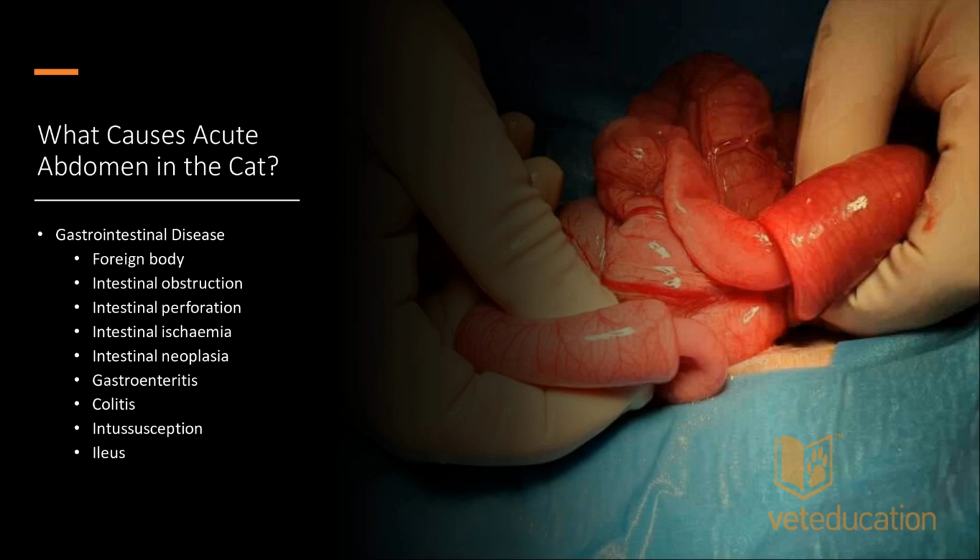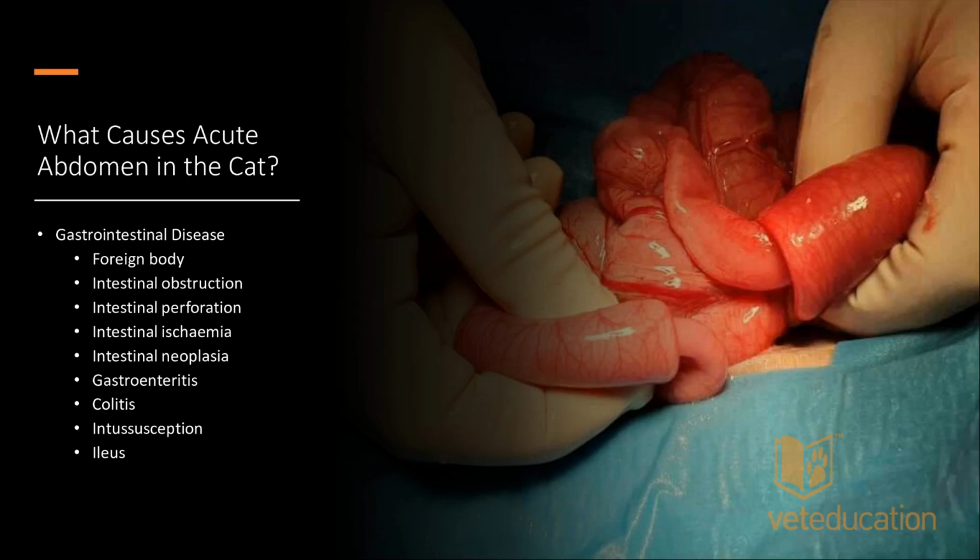Intestinal ischemia is a really interesting one. We typically associate intestinal ischemia with maybe things like severe shock, for example, but intestinal ischemia can also occur due to the presence of foreign bodies putting pressure on the intestinal wall. But one of the most common causes of intestinal ischemia in cats is actually blunt force trauma.